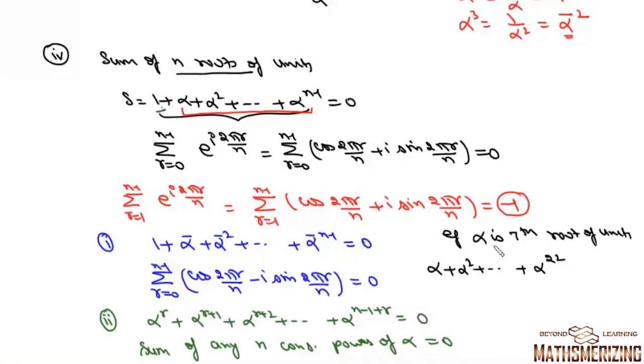Now we know that the sum of any 7 consecutive powers will be simply 0. So we can express this as alpha plus, and then we'll have 3 sets of consecutive powers of alpha having 7 consecutive powers. So this sum will be 0, this sum will also be 0, this sum will also be 0. So this expression will simplify to simply alpha.